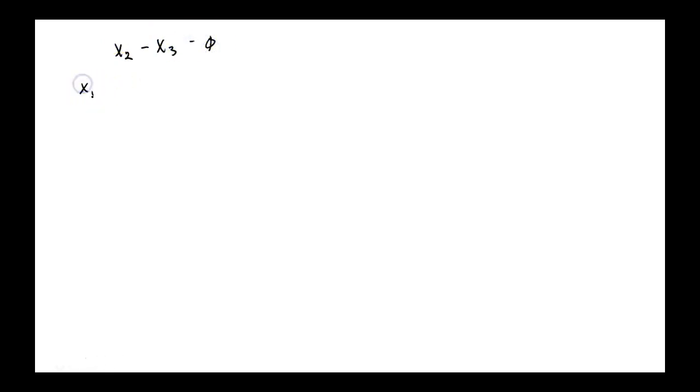X sub 1 minus 3x sub 3 is equal to minus 1. Minus x sub 1 plus 3x sub 2 is equal to 1. All right. It says solve that system. What would be your first approach?